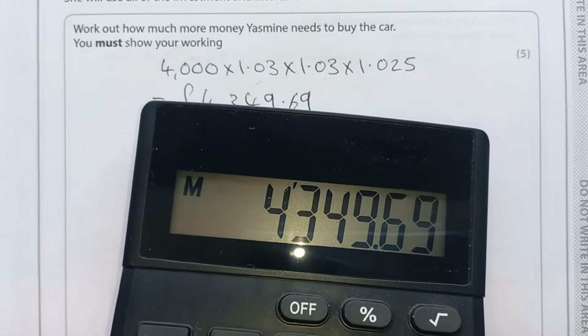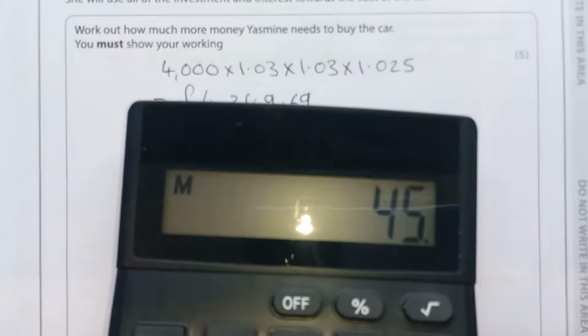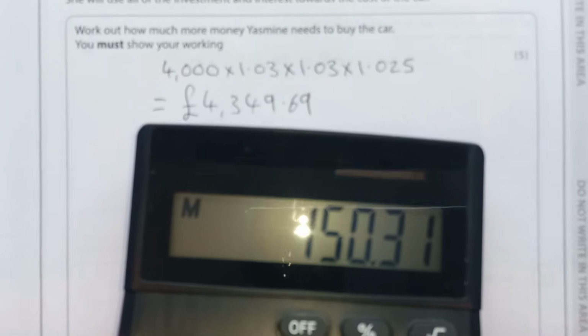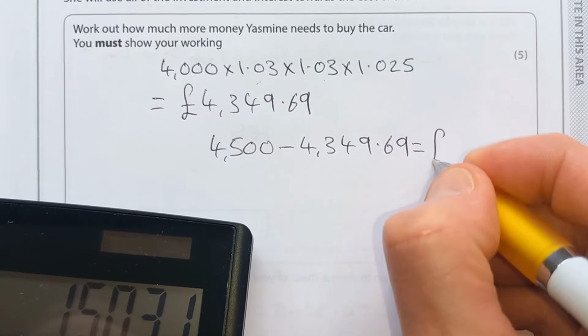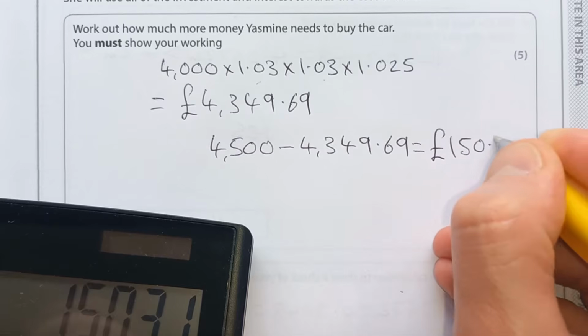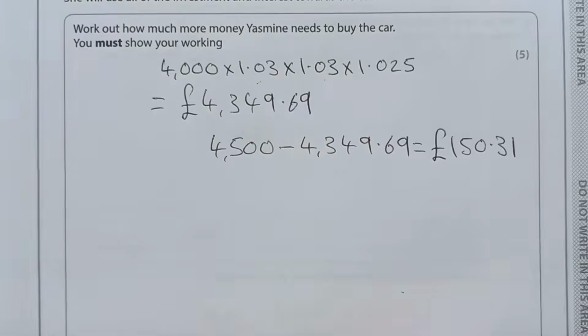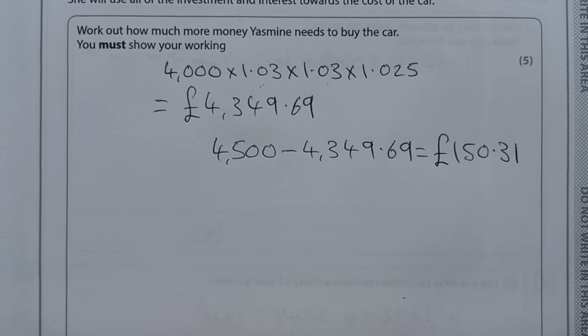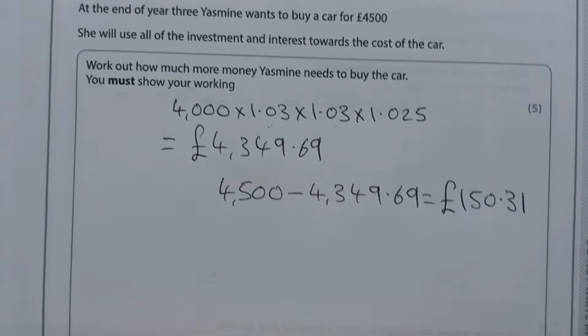Let's try that again. 4,500, take away memory recall, equals, that's better, and we get £150.31. You don't have to use your calculator's memory, but I think it's useful to know how to do it because it just means you don't have to type things in, so you've got less chance of making a mistake or rounding when you don't need to.